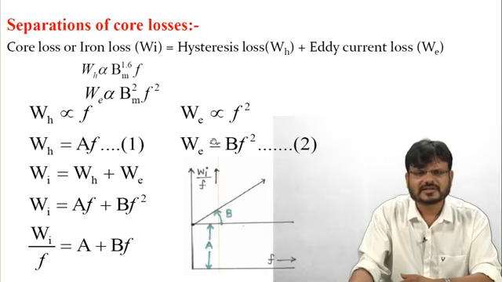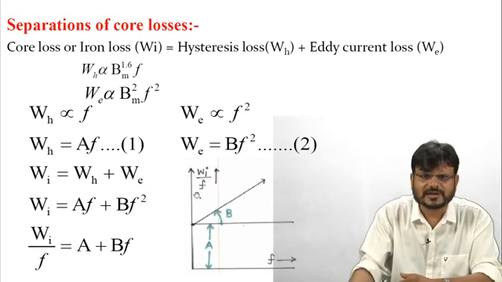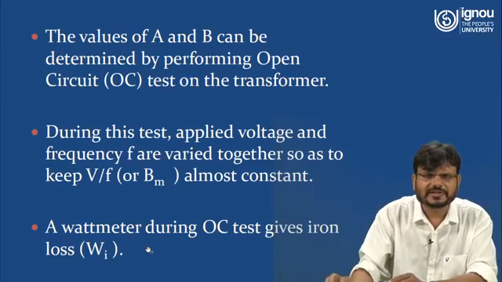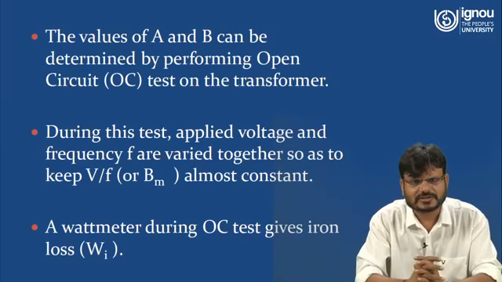Here you can see the graph between Wi upon f and f. This term is a constant and this is changing. If you are able to find the slope of this line, you can calculate the eddy current loss. The values of A and B can be determined by performing an open circuit test on the transformer.